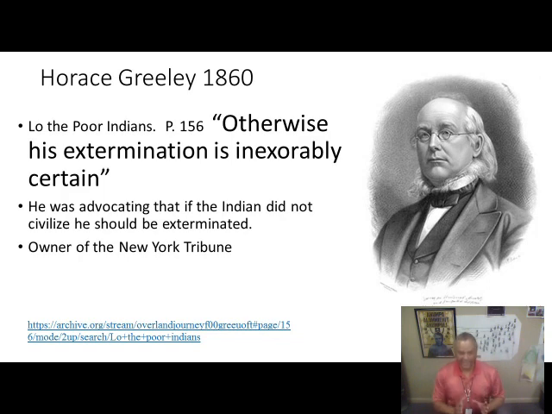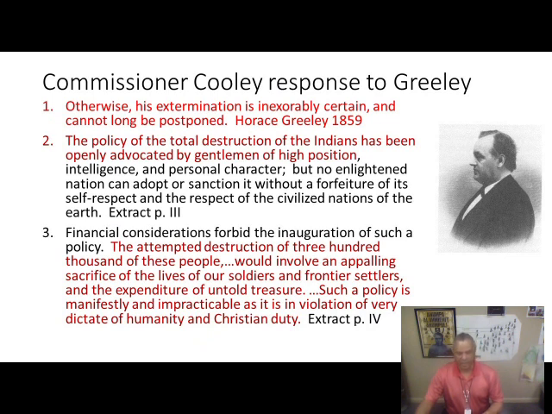That's in 1860. This is a very stark symbol of the direction of Indian education among the United States, how the assimilation model will take place. Commissioner Cooley has to respond and says the policy of total destruction of the Indians has been advocated by gentlemen of high positions.